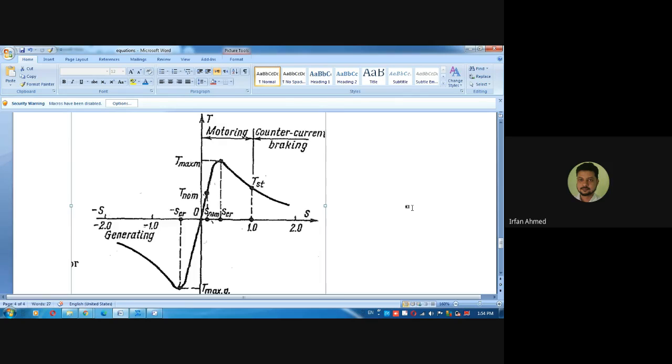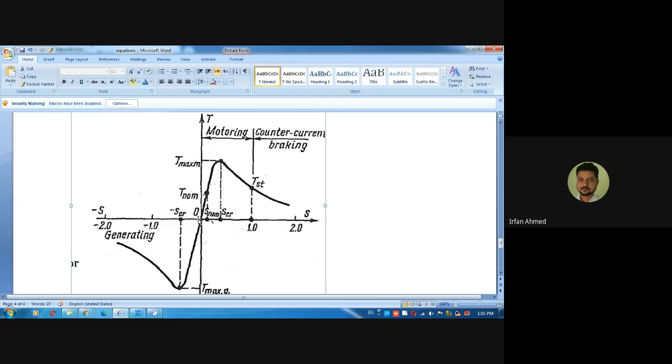So on the y-axis, we have the torque, and on the x-axis, we have the slip. Slip is increasing in this direction. That means speed is increasing in the opposite direction. Correct? Yes, sir. Slip is increasing in this direction, so speed is increasing in the opposite direction.